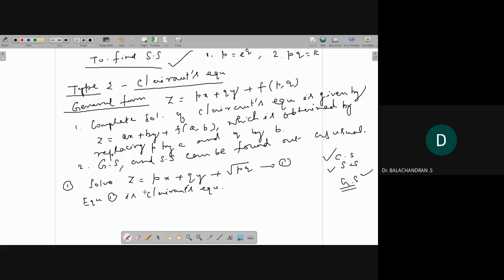The complete solution is z equal to ax plus by, replacing p by a and q by b, plus root of ab. We call this equation 2.